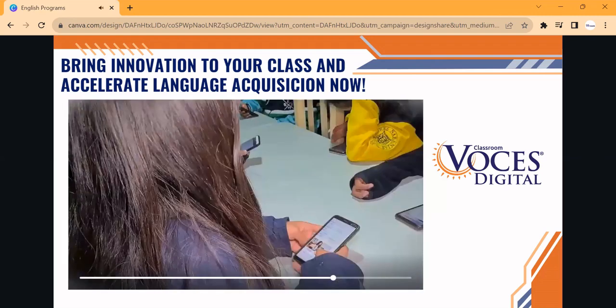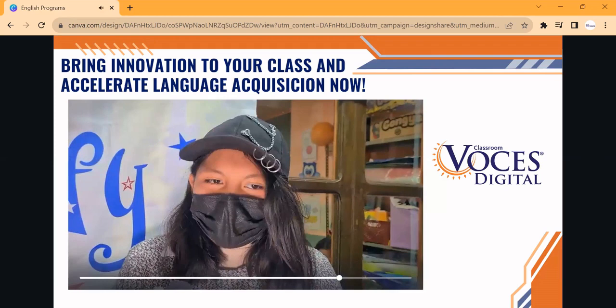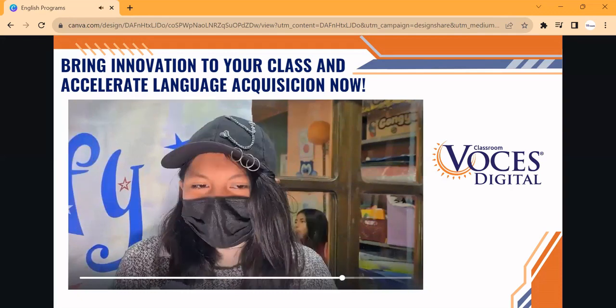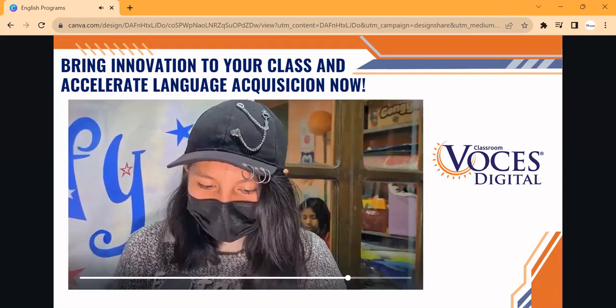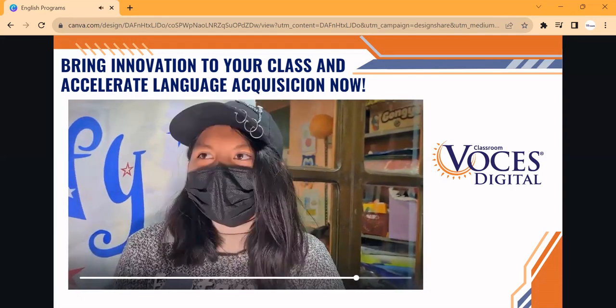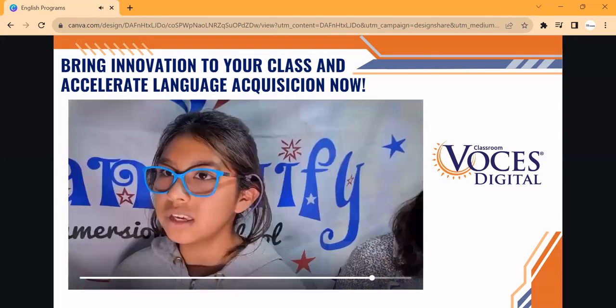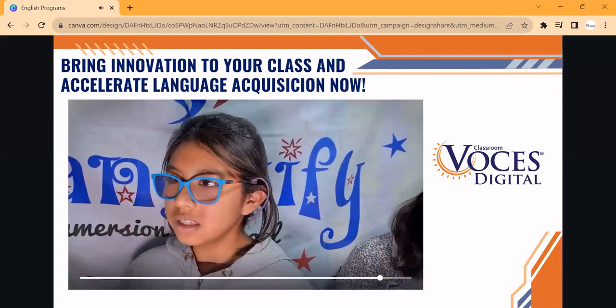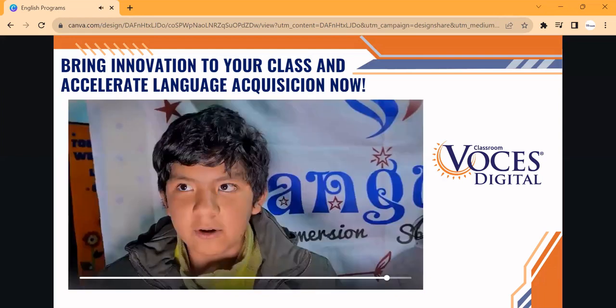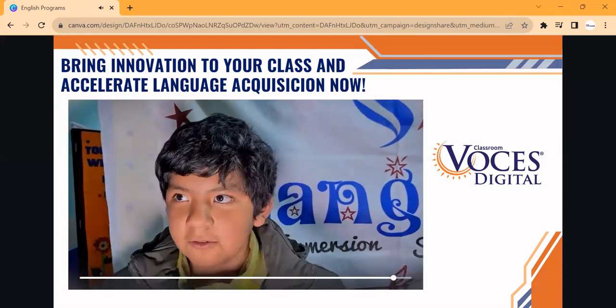I like the platform because it's more interactive and it's more fun working the phone. My favorite part is the easy to use. My favorite part is easy to use and interactive.